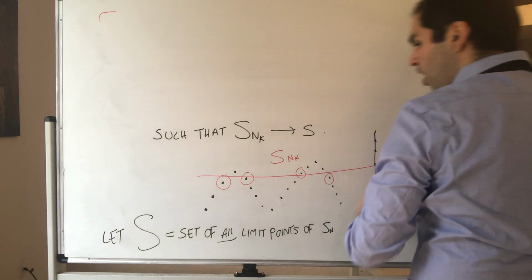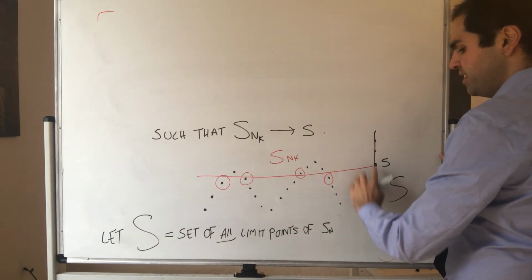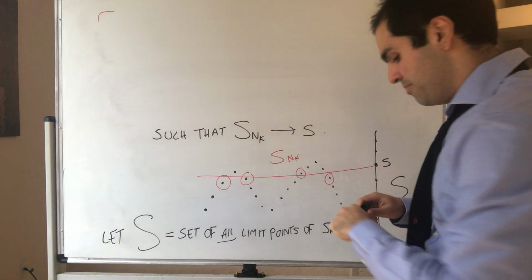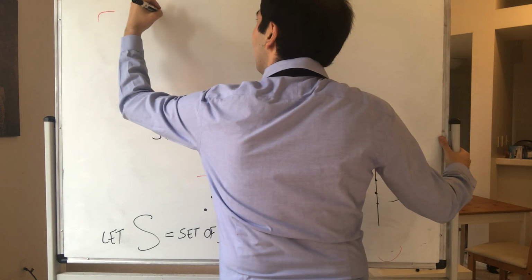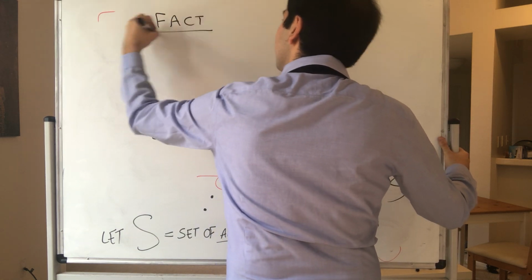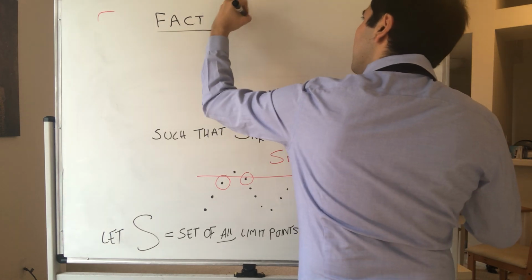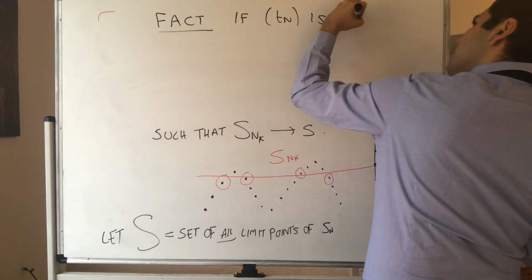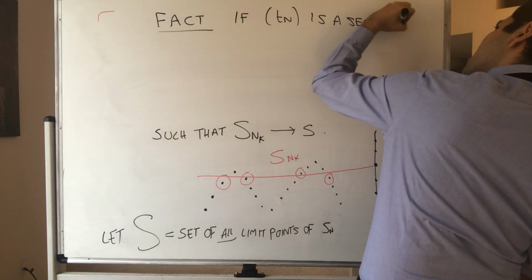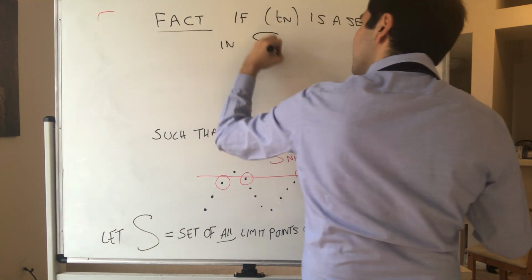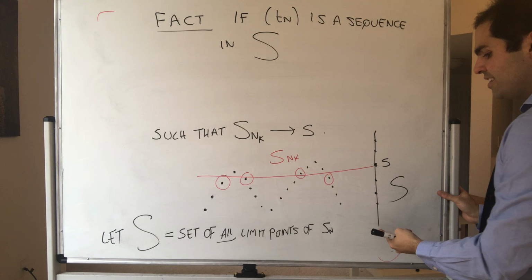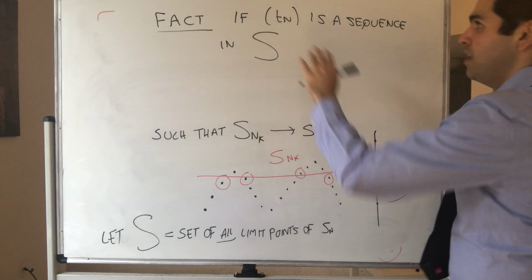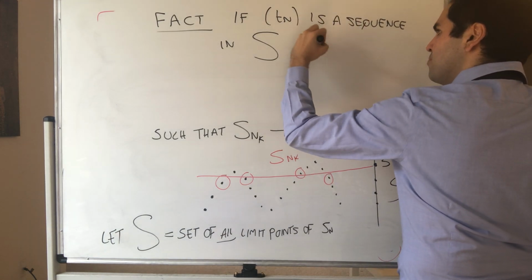But all that closed means is that if you have a sequence in S that converges to some number, then that number is also in S. So, fact: S is closed, meaning that if, let's say, Tn is a sequence in S, and one little technicality, technically infinity and minus infinity are in your set, but let's just assume your sequence isn't plus or minus infinity.